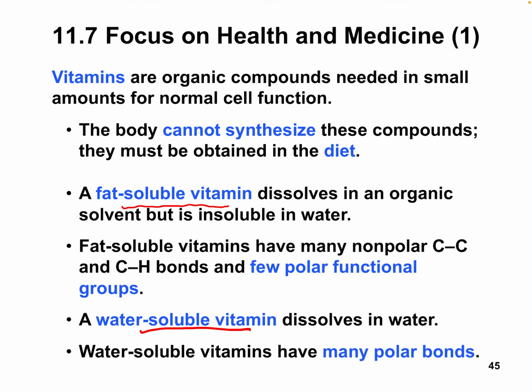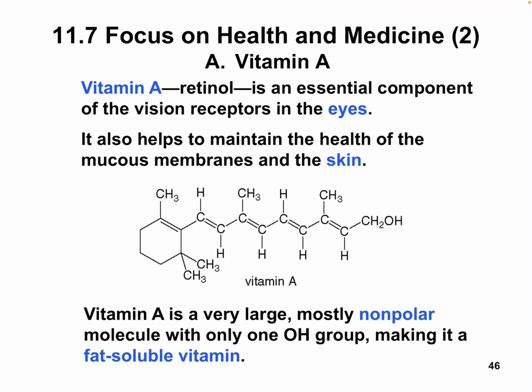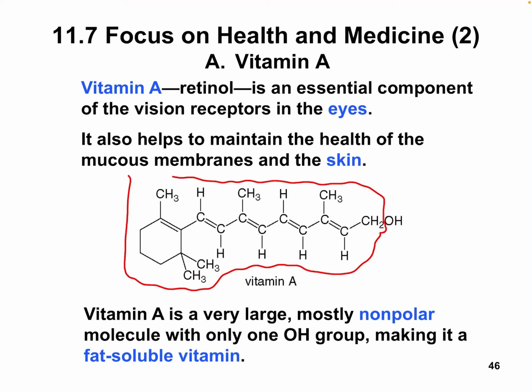All right, let's just look at a couple of examples of vitamins and see what the difference is between the ones that dissolve better in fat, the ones that aren't as polar, and the water-soluble vitamins that are more polar. So here is an example, vitamin A, of a fat-soluble vitamin. And if we look at its structure, almost all of that structure is hydrocarbon.